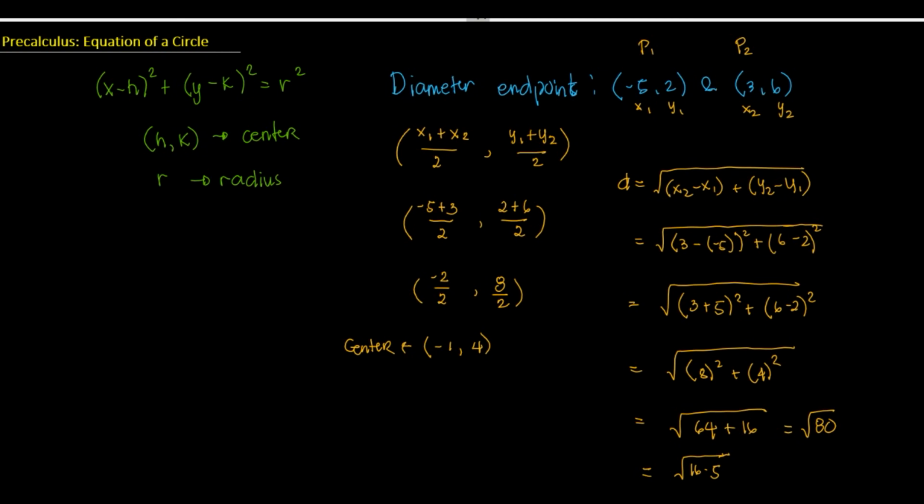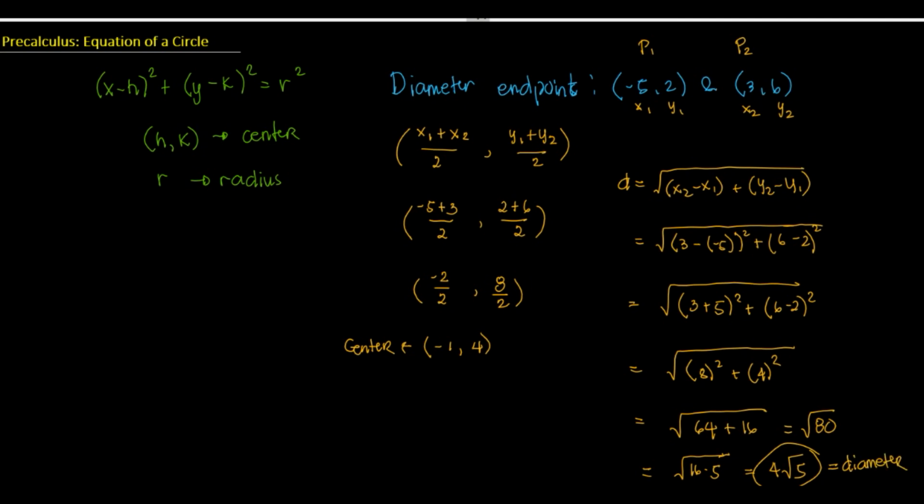Right? And then we know that 16 is a perfect square. We can write it outside of the radical symbol and write the simplified form of it. So we have 4 square root of 5. This is going to be our diameter. Okay? This is the distance of our diameter or the measurement of our diameter.